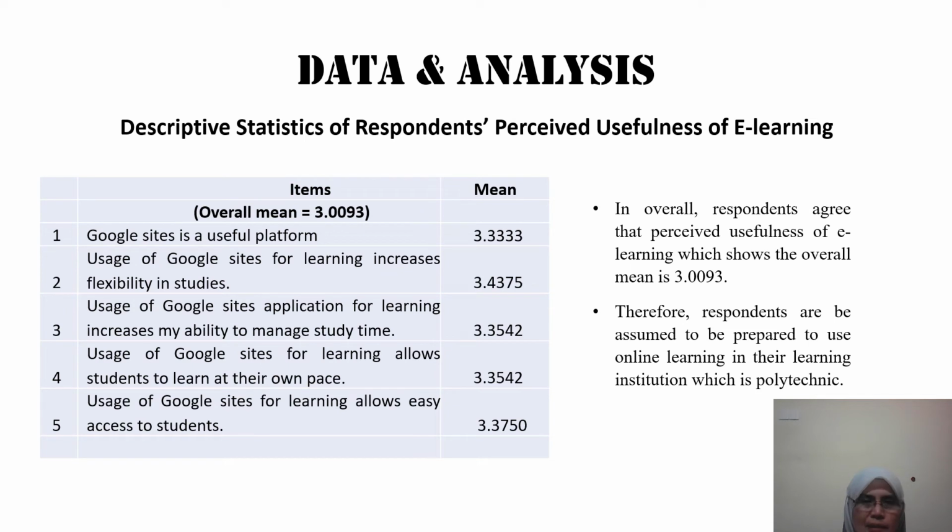For the descriptive statistic of respondent perceived usefulness of e-learning, overall respondents agree on the perceived usefulness of e-learning, which shows that the overall mean is 3.0093. Therefore, respondents are assumed to be prepared to use online learning in their learning institution, which is Polytechnic.